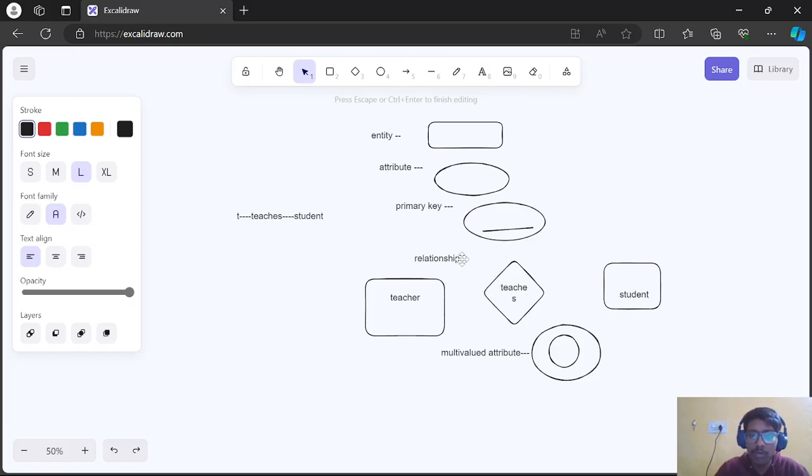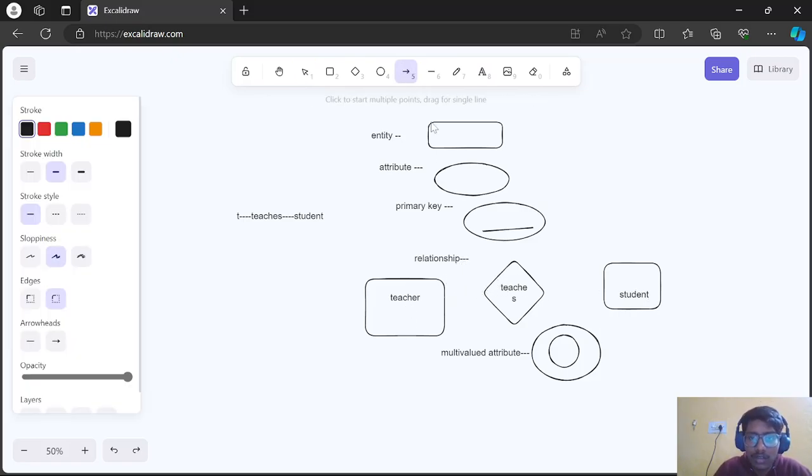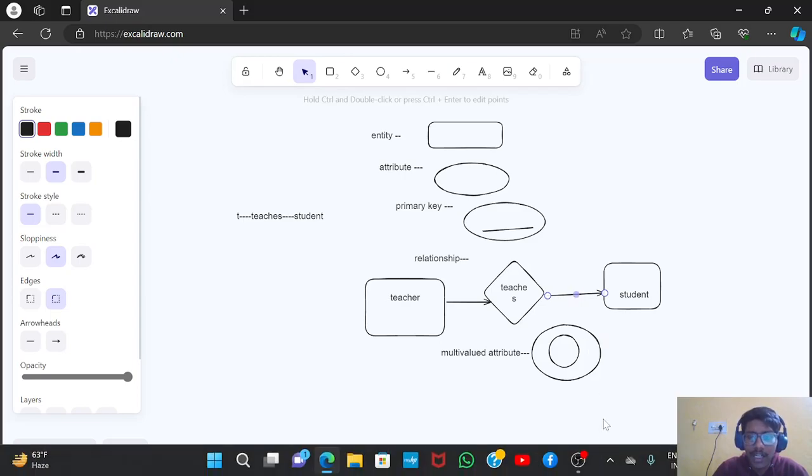So the relationship would be like this: teacher teaches the student. The relation goes inside the diamond shape, which signifies the relationship between the entities, the teacher and the student. And this is all about the shapes that are represented in the ER diagram.